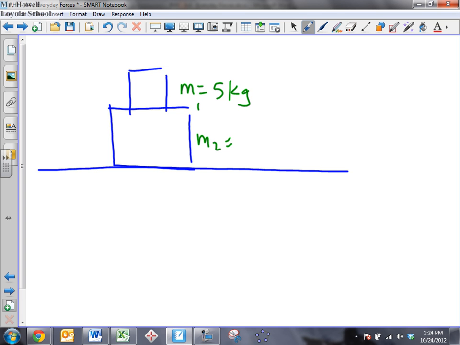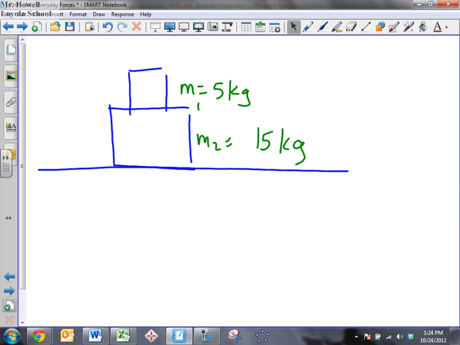The second object has a mass of 15 kilograms. Now, here's my question for you. Find the normal force from the table and find the normal force from the lower object on the upper object.